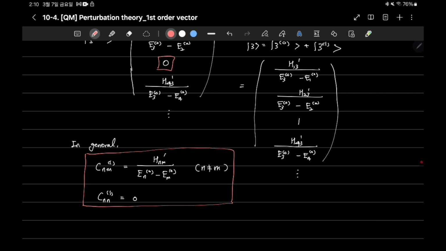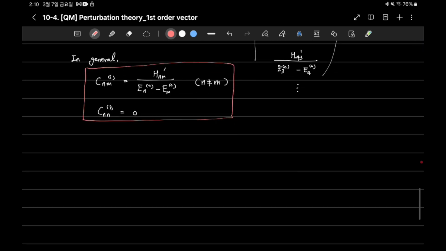Therefore, when we write down this, in general case, in the first order energy eigenstate, summation M is not equal to N, M0 H prime N0 over En0 minus Em0 in M0 state.